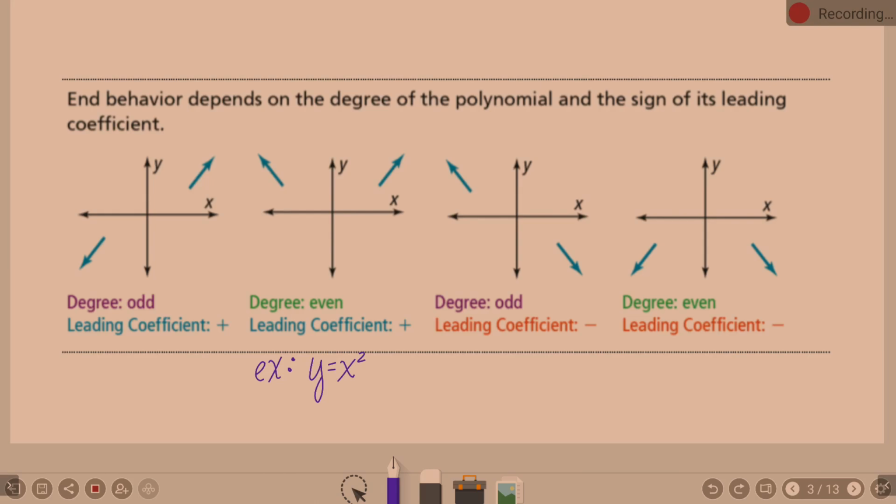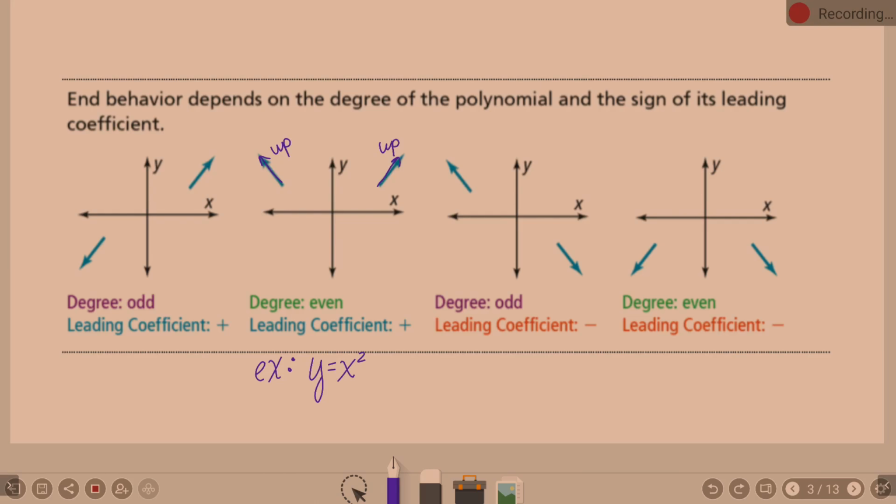Now, it's y equals x squared, however, it's any even degree, which means it's y equals x to the 4th, y equals x to the 6th, y equals x to the 8th, y equals x to the 10th. Anytime it's an even degree and a positive coefficient, so positive x squared, both of your ends are going to go up and up.